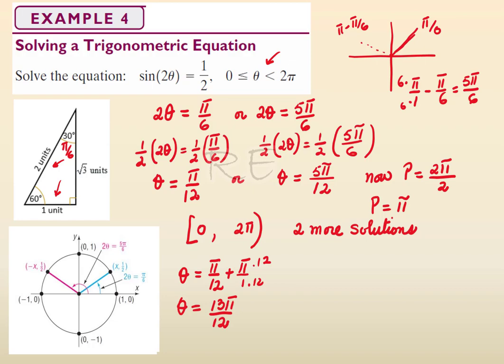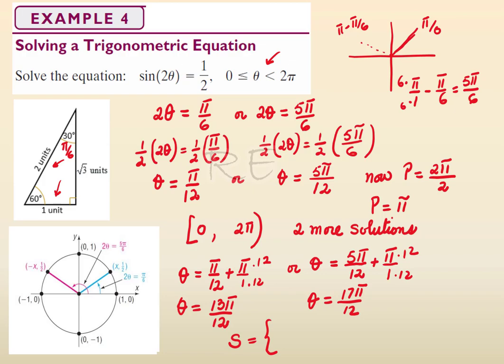The second set of solutions: if theta is 5 pi over 12 and the period is pi, so the second solution will be 5 pi over 12 plus pi, which is 12 pi over 12. So theta is equal to 17 pi over 12.